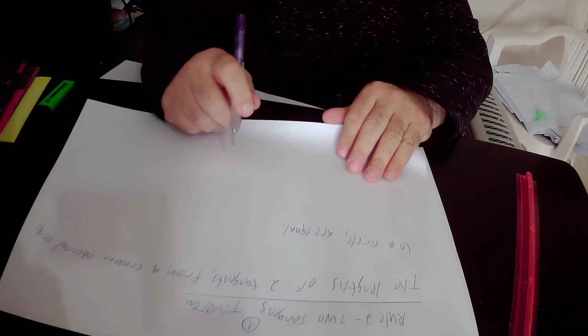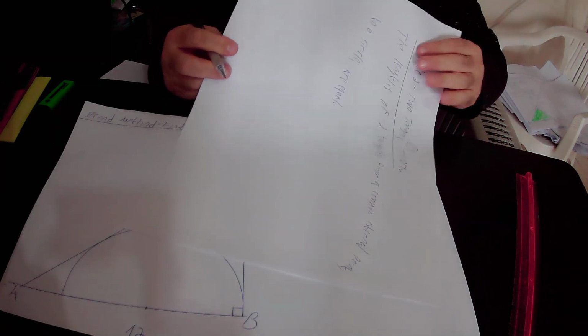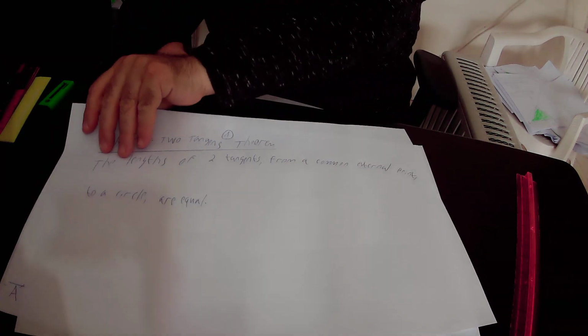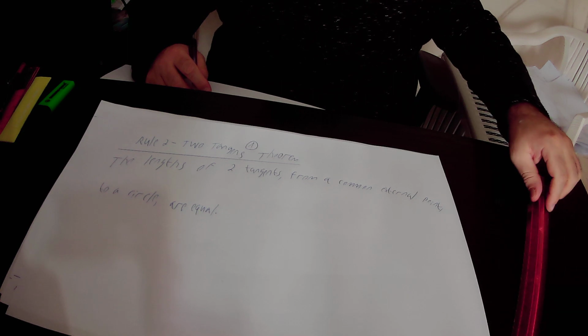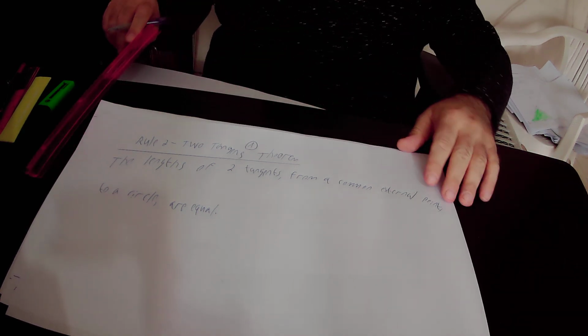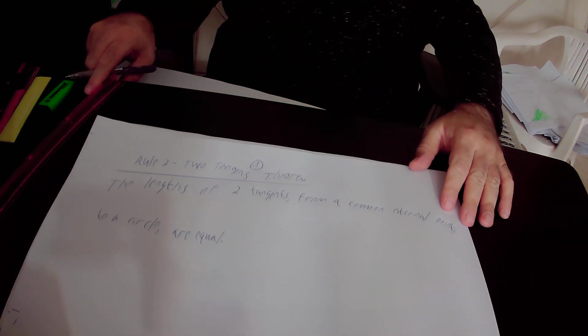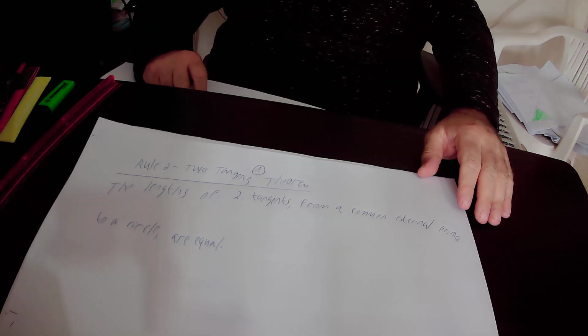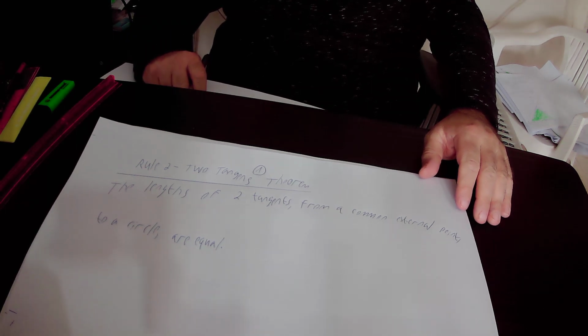I will read rule number 2 or the two tangents theorem again. According to the two tangents theorem, the lengths of two tangents from a common external point to a circle are equal.